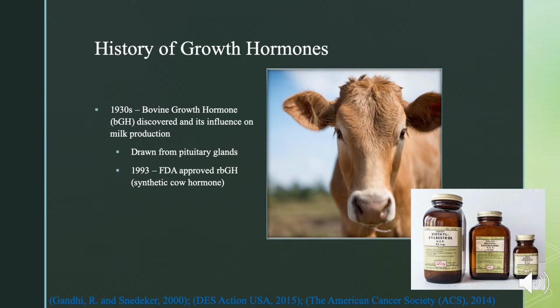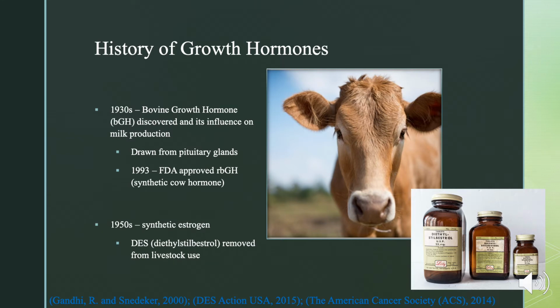In the 1950s, they could also synthetically produce a different kind of estrogen called diethylstilbestrol, and this was used strictly to increase the size of animals like chickens and cows. It was also known as DES.